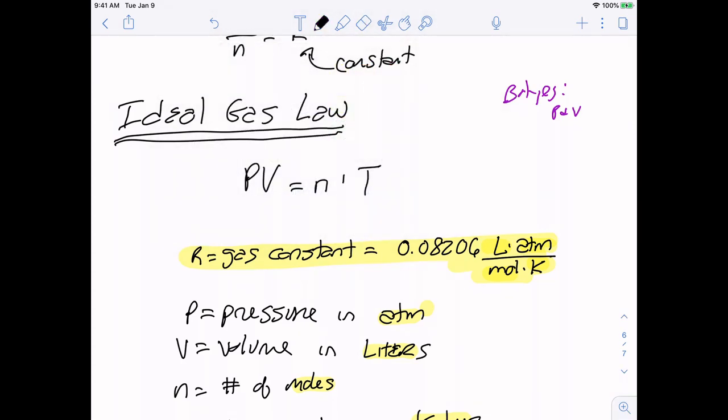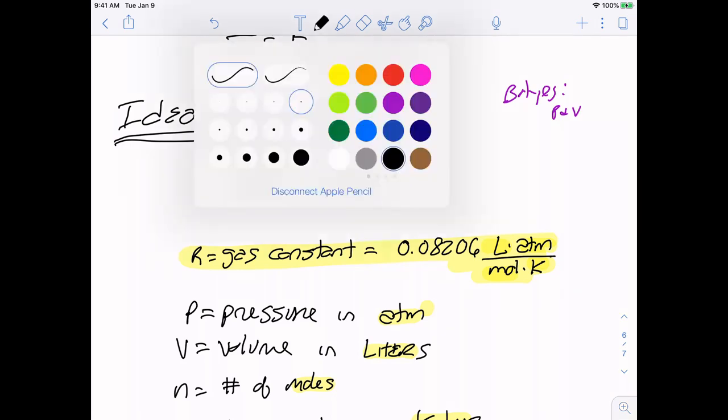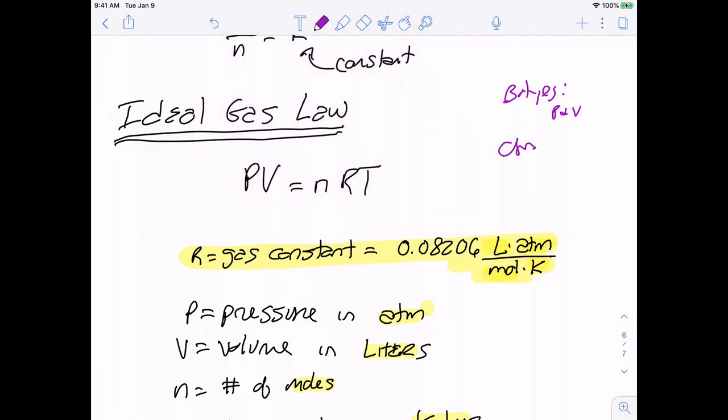If we look at Charles' law, that was our relationship between temperature and volume. And those two are on opposite sides, right? And those were a direct relationship. So if they're on opposite sides, if one goes up, the other also goes up.